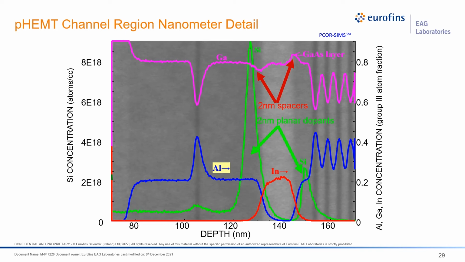So this distance from the peak of the planar dopant into InGaAs determines the mobility in this transistor. And the total concentration or integrated concentration of this delta determines the electron charge density. So we needed to have the proper measurement to be able to do these measurements for the people who are developing pHEMT structures.